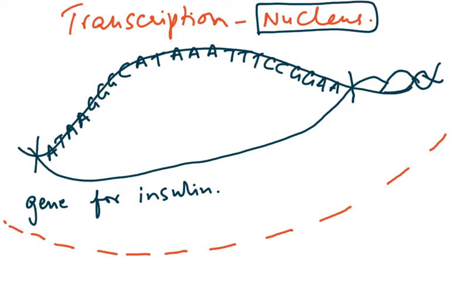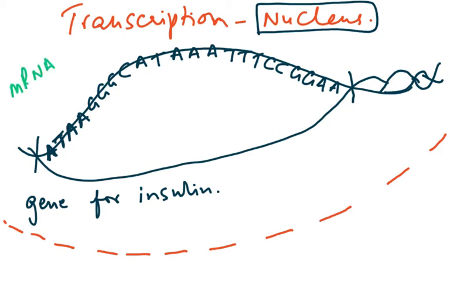Transcription takes place in the nucleus. The first thing we say, the gene for insulin is going to unzip, and one of these strands is going to be copied, and the strand that is copied is called the transcribed or the template strand. So this one would be the transcribed or the template strand, and who copies it is the mRNA.